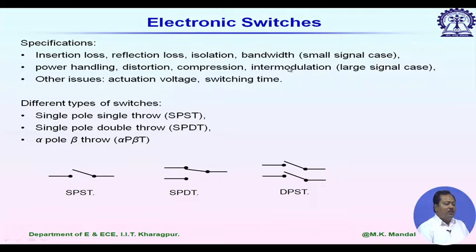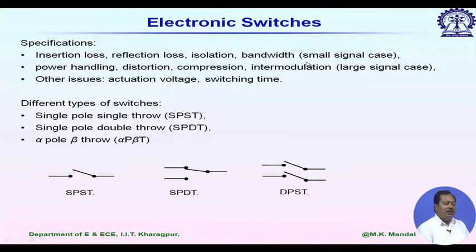But when we go for the large signal high power case, in addition to all these points, we have to consider some extra points. One, for example, what is the highest power handling capability? Next, what distortion does it produce? Then what is the 1 dB gain compression point? If we keep on increasing the power, then output power at some point can decrease.